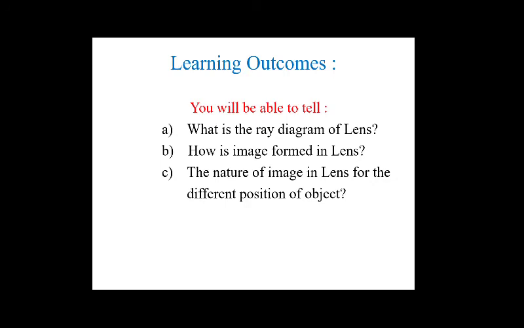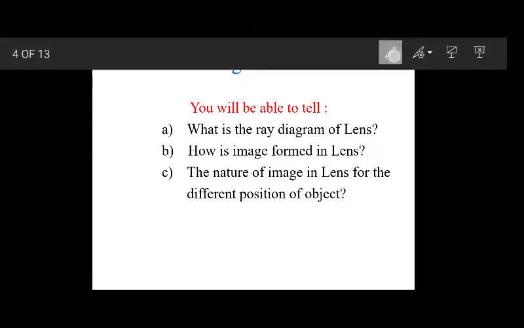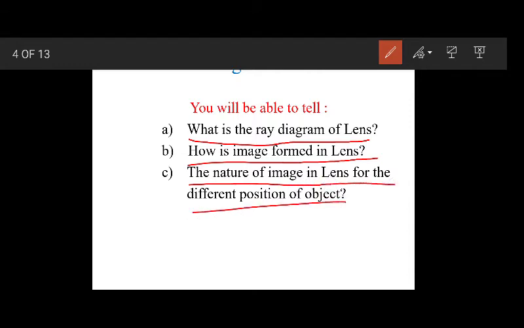Today's learning outcome is you will be able to tell the ray diagram of lens and how is image formed in lens, the nature of image in lens for the different position of the object, because I have discussed in my previous class what is lens, how many types of lens, and the different quantities regarding lens.